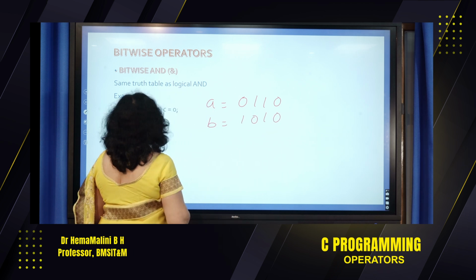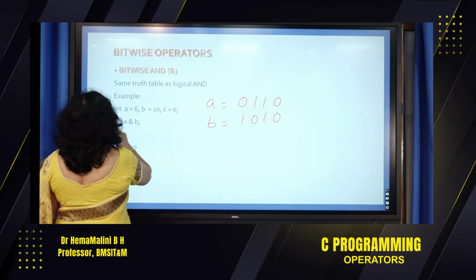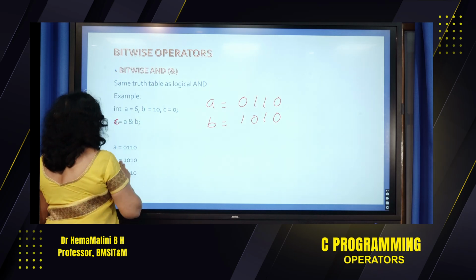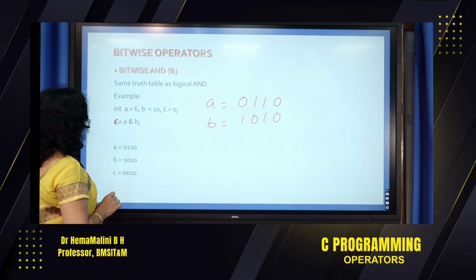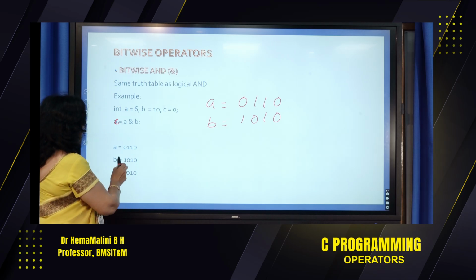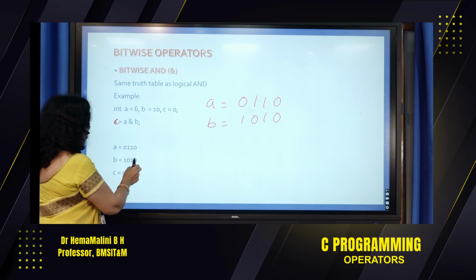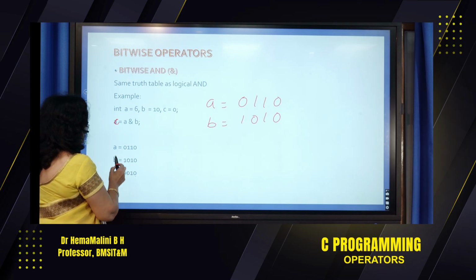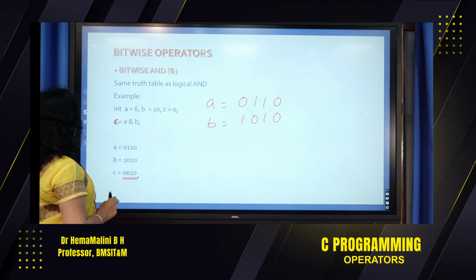This is 10. So we have to do c equals a ampersand b. So what is c? 0 and 1 is 0, 1 and 0 is 0, 1 and 1 is 1, 0 and 0 is 0. So this would be the result of bitwise AND.